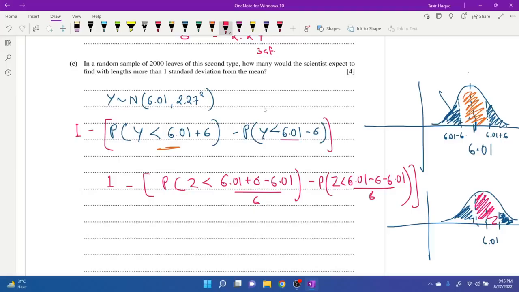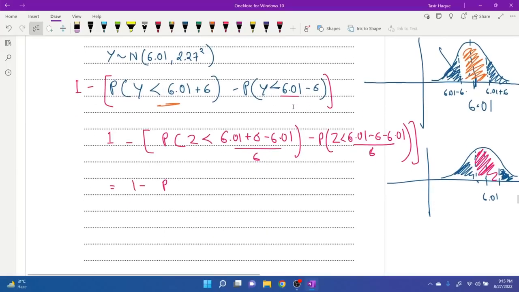So we actually end up with 1 minus P(Z is less than sigma by sigma, which is essentially 1) minus P(Z is less than minus sigma by sigma, which is minus 1). Make sense?